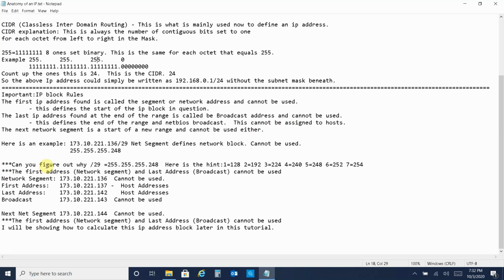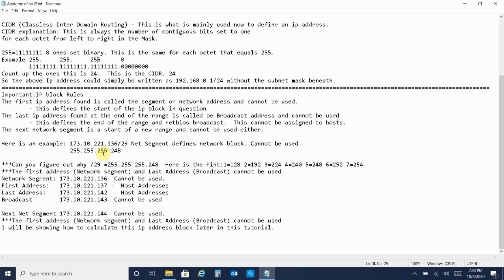Here is an example, okay? Here we have this with /29. This defines the network block. This cannot be used. Why is 29 this? Well, let's look at it. What is this? 3 of these? 8 ones. They're all in a row. 8, 8, 8.